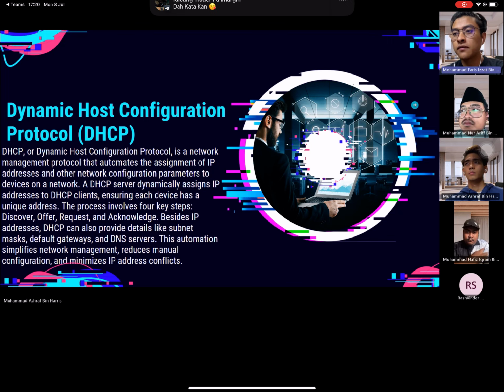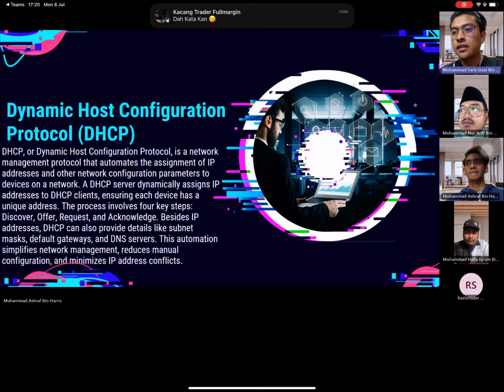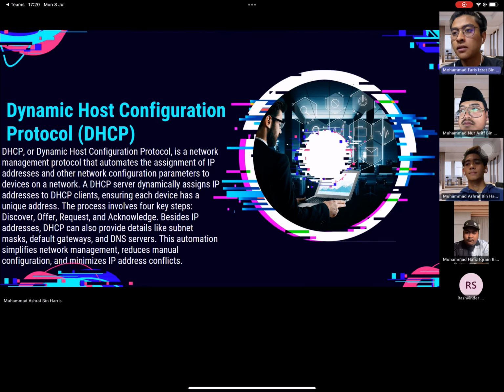The process involves 4 key steps: discover, offer, request, and acknowledge. Besides IP address, DHCP can also provide details like subnet mask, default gateway, and DNS server. This automation simplifies network management, reduces manual configuration, and minimizes IP address conflicts.